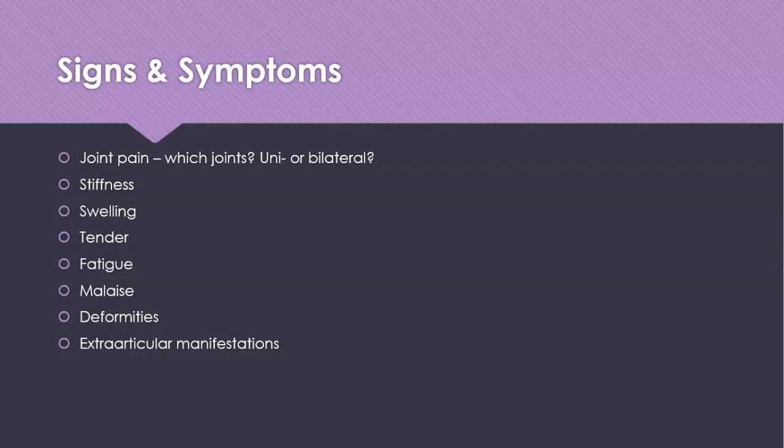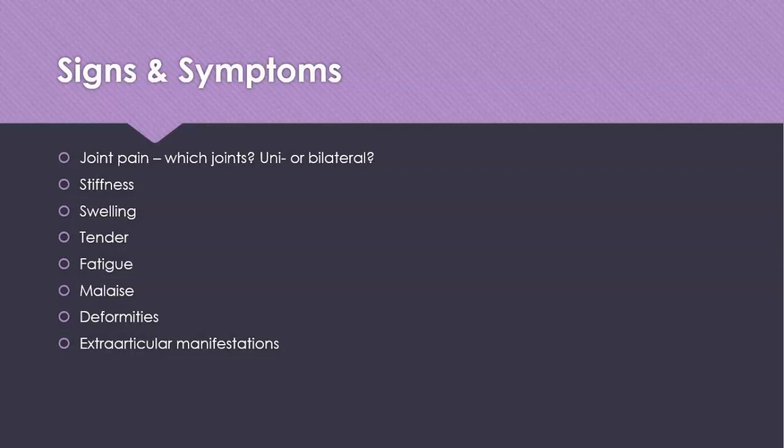And with rheumatoid arthritis, it tends to be symmetrical, so it's bilateral. This will be key when we talk about some other different types of arthritis that are not bilateral, that those tend to be just unilateral. So rheumatoid, small joints, and bilaterally affected.